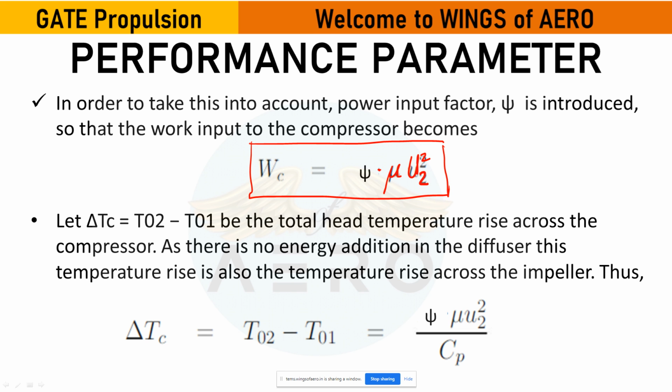And further it can be written like this: change in temperature into Cp plus 2 psi by mu into u2 square, which already we have seen in this formula.